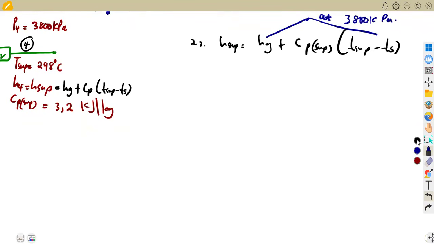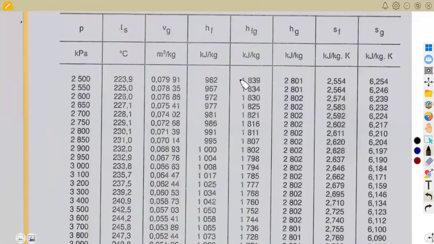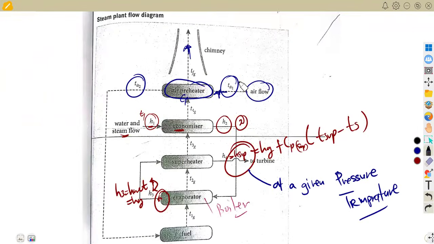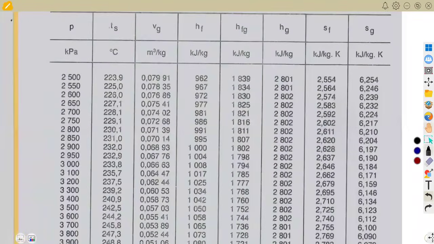All right, so this is your N5, all these formulas, we talked about this. So our H sup is going to be Hg at this pressure, at 3,800. What will be Ts there, and Hg? All right, let's check. Okay, I actually skipped it here. The pressure, remember, we need the pressure here.